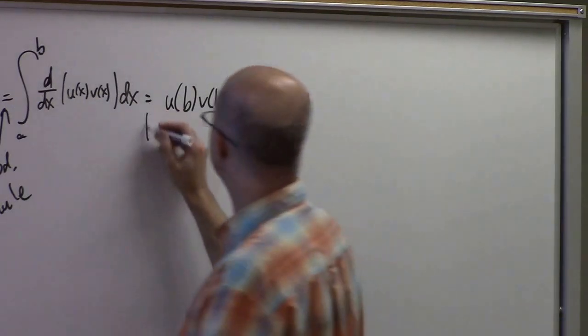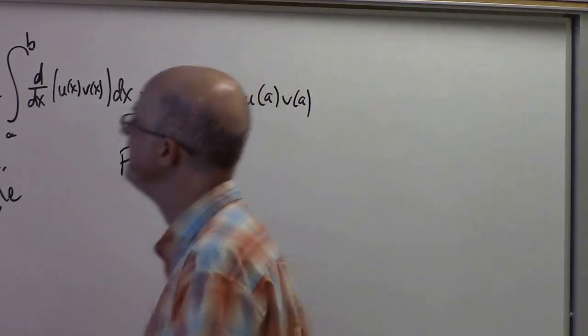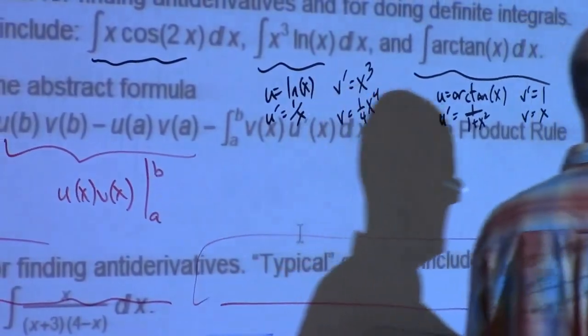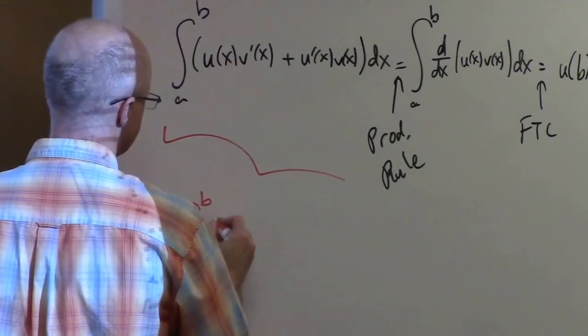That's the FTC, and then we're almost finished. Because to get it to look like this, all we need to do is use the fact that this integral is equal to the sum of two integrals.